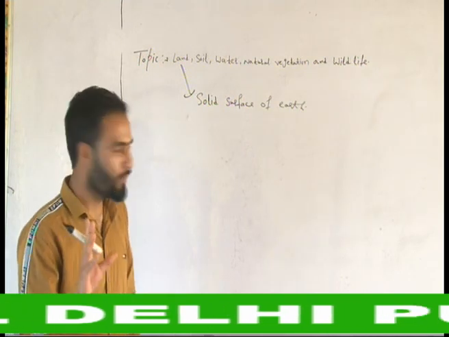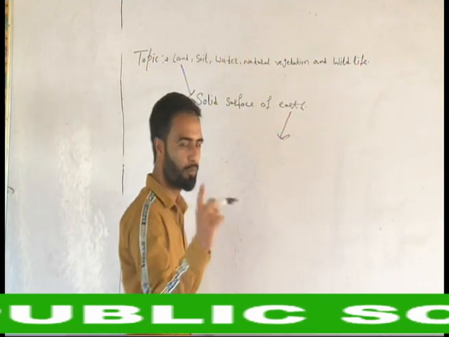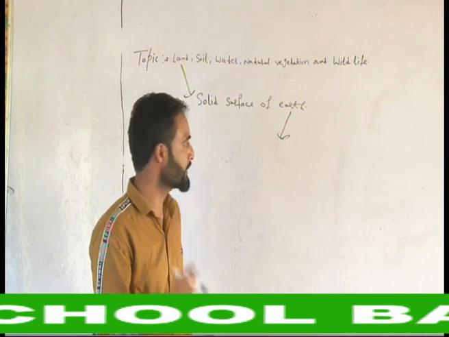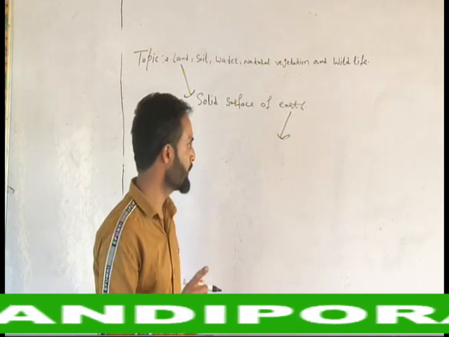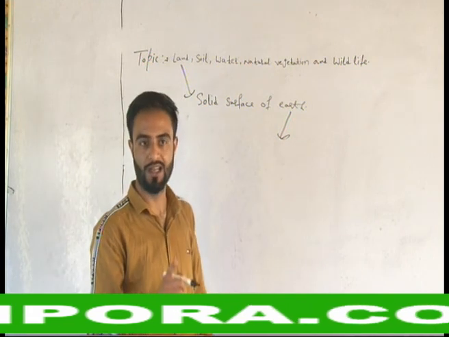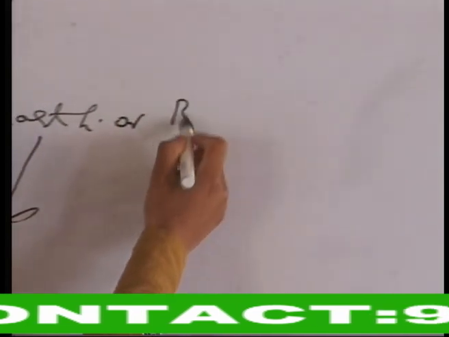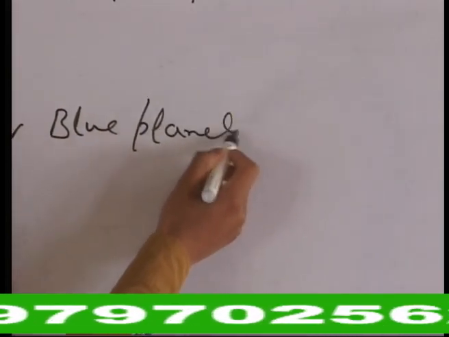As we are aware, earth is basically our home planet. There are 8 planets in the solar system, and this earth is a unique planet, as it is the only planet where life exists. It is also known as the blue planet. Remember this, blue planet.